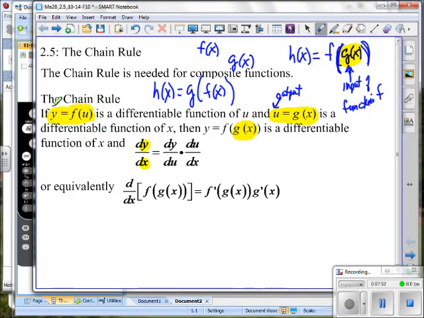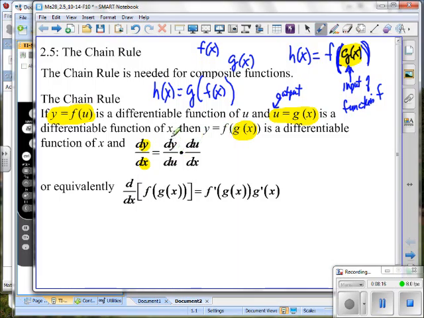Is that the derivative notation for this? No, because the input up here is u, not x. Could it be this one? The input is x, but the output isn't y. What about down here? The input is x and the output is y. Okay, so dy dx is what we're going to find here.